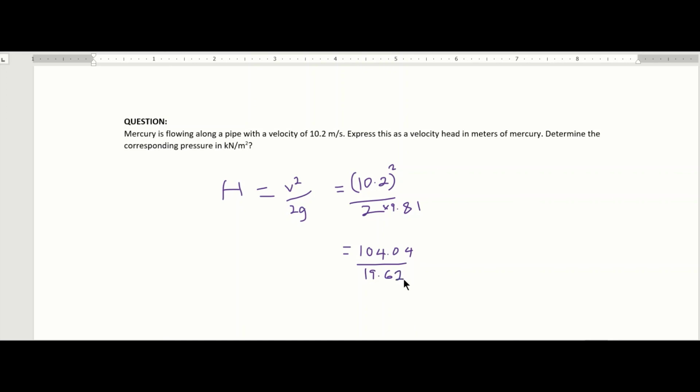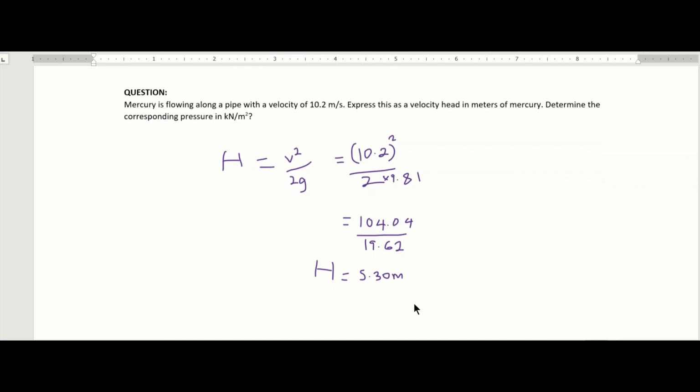So therefore our velocity head h is equal to 104.04 divided by 19.62, which will give us 5.30 meters. So this is the velocity head of the mercury.